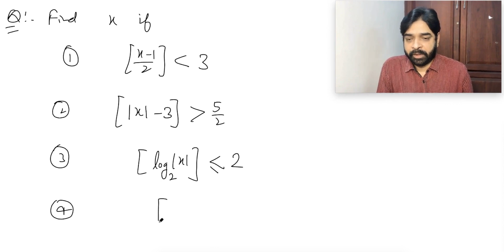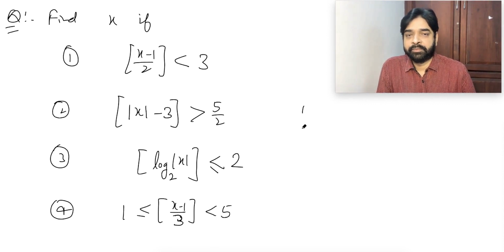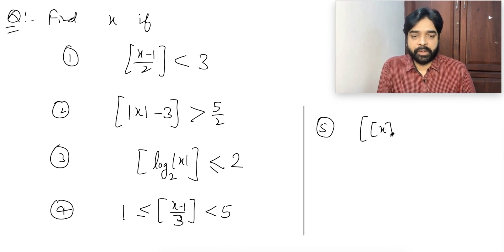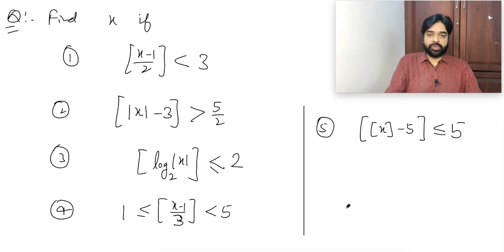Fourth part: greatest integer of (x minus 1) by 3 is greater than or equal to 1 but less than 5. Fifth part: greatest integer of (x minus 5) is less than or equal to 5. Solve these 5 questions quickly, everybody.